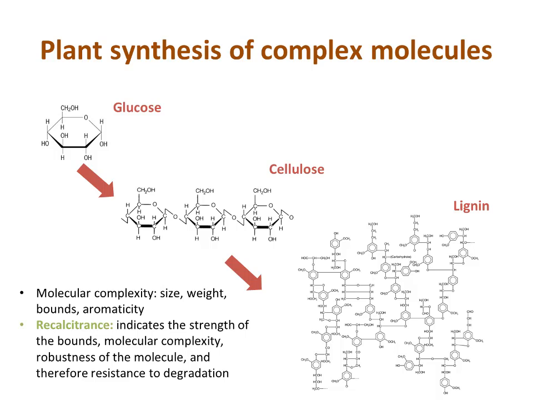This graphic shows the chemical formula for a simple sugar like glucose as compared to one that's more complex like cellulose, or even further complex like lignin, which is highly complex and does relate to degradability because it's harder for microbes to break apart the bonds of larger molecules.